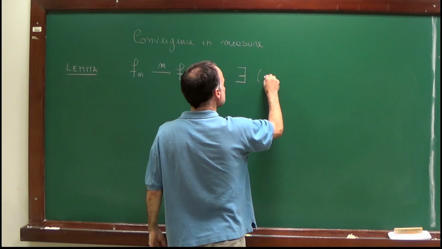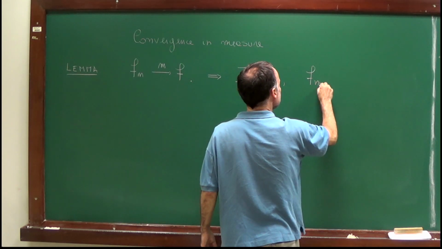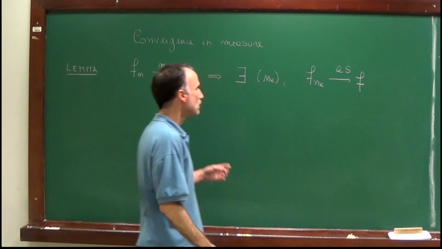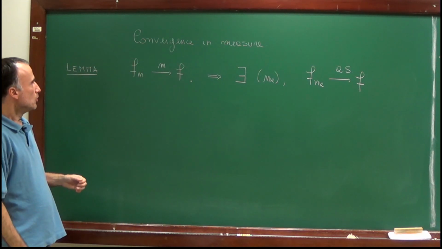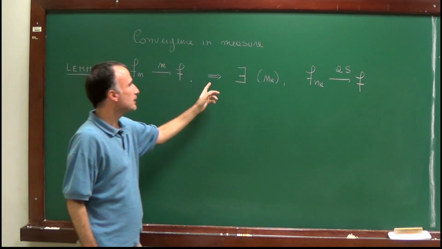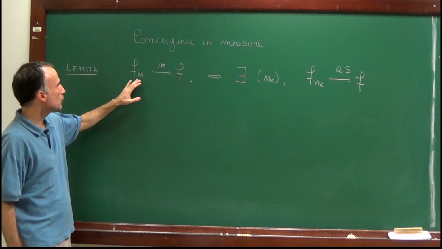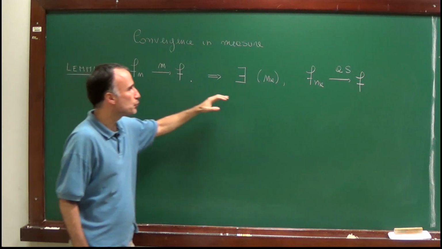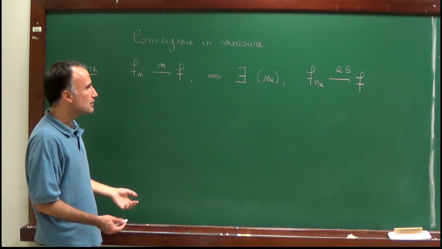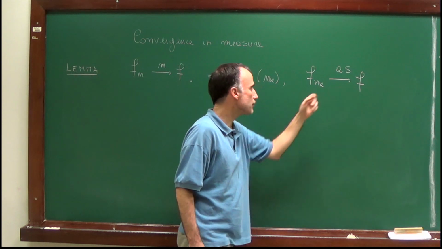So I claim that there exists a subsequence nk such that F_nk converges to F almost surely. So it's clear that Fn converging to F in measure cannot imply that Fn converges to F almost surely. We've seen an example in which we had convergence in measure and we didn't have pointwise convergence. But now what I claim is that we can choose a subsequence which converges almost surely.